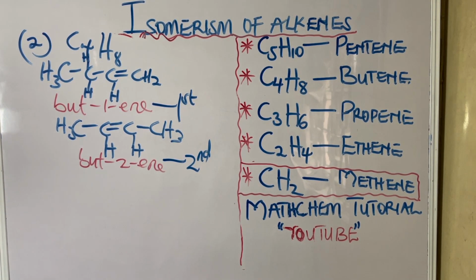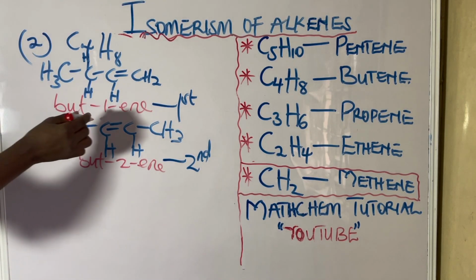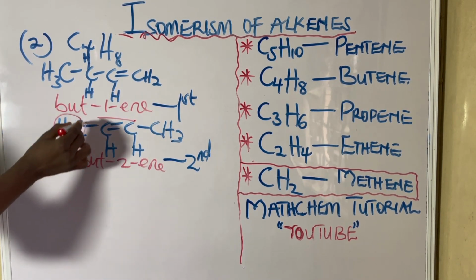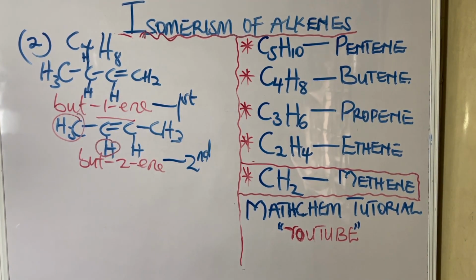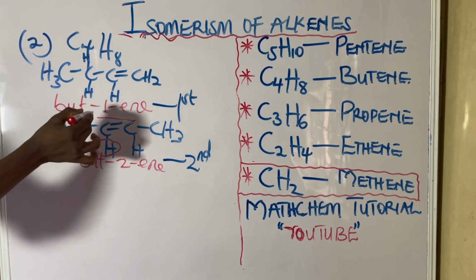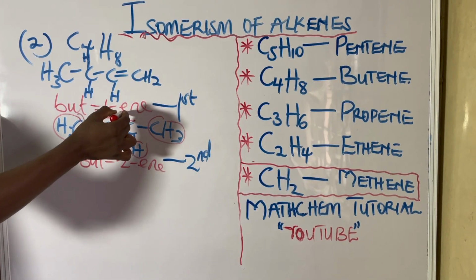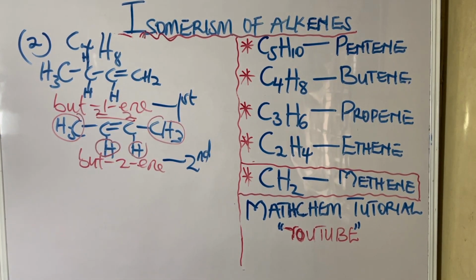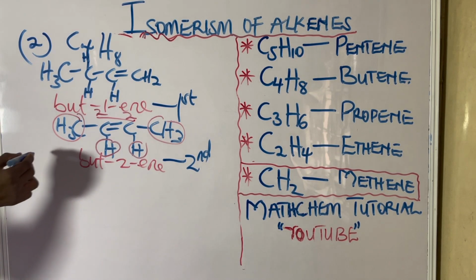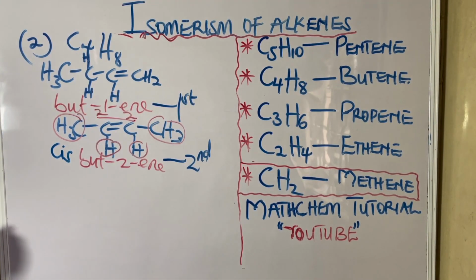So will there be cis and trans? No, because this carbon to carbon here has different group. Okay, oh, there'll be cis and trans, because this carbon atom here has two different groups, and this carbon atom here also has two different groups. So there'll be cis and trans. So this particular one is cis-but-2-ene, that's the second.